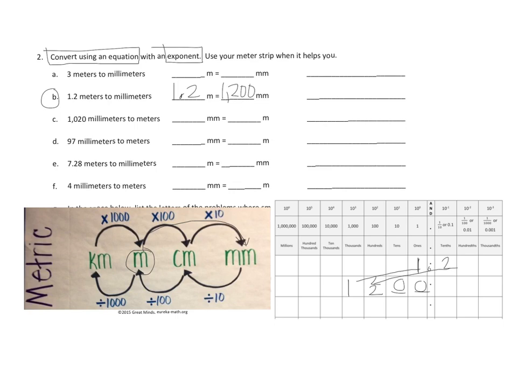As our equation, we had 1 and 2/10 is what we started off with. We multiplied it by 1,000 since it moved 3 spots to the left. The exponent that represents the thousands is 10 to the power of 3, which gave us the answer of 1,200.